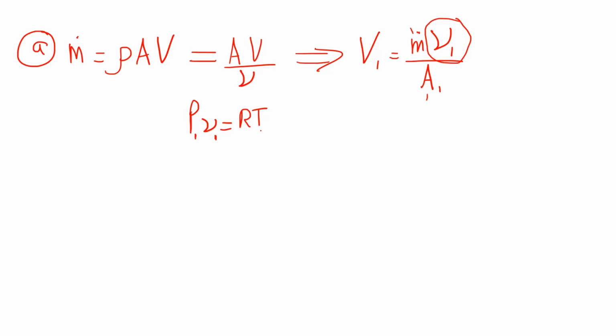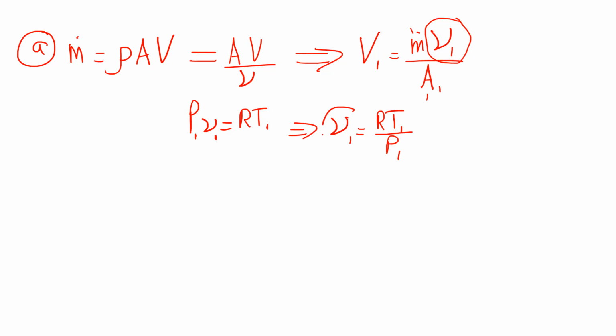So if I do it all at the inlet, I have the pressure of the gas going in, I have the temperature of the gas going in, and I can use this to solve for the specific volume of the carbon dioxide going into the nozzle, because the specific volume coming out is different because the pressure and the temperature change going out. So therefore the specific volume also changes coming out. But I know what all the properties are going in.